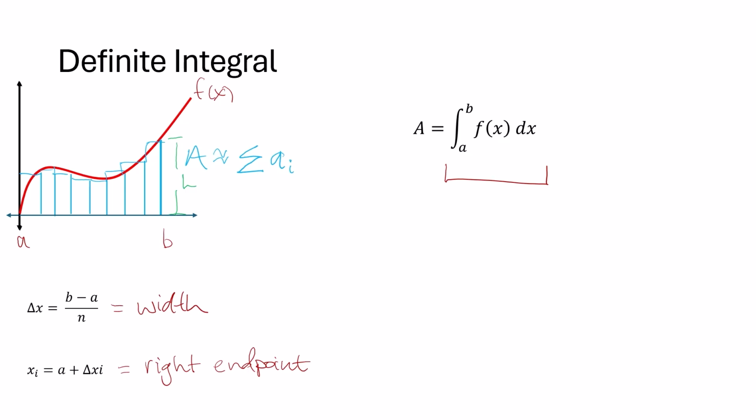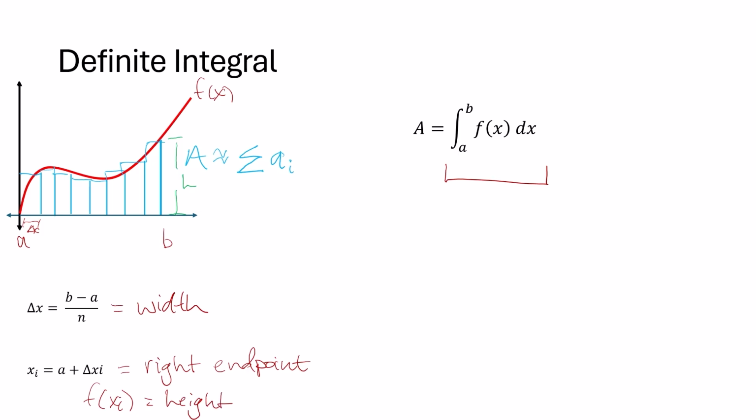Suppose I start right here at a, and I want to know the first right endpoint. I can start at a and add delta x, the width. If I want to know the second, I could add 2 delta x, and so forth. So in general, the right endpoint is equal to a plus delta x times i, so the ith rectangle. Now if I plug this in to my function, I get the height.